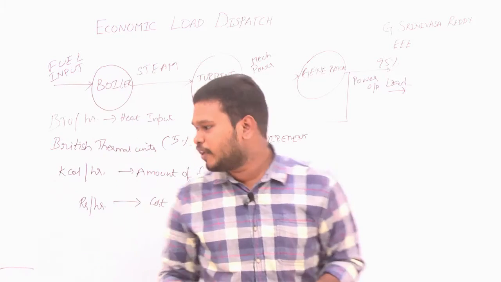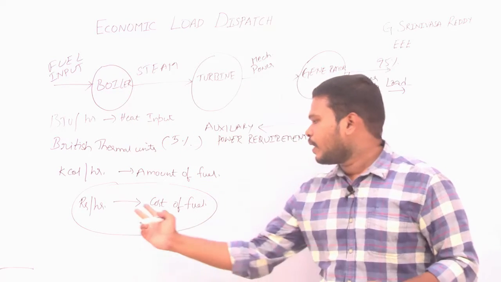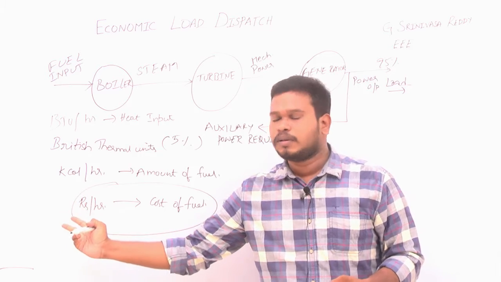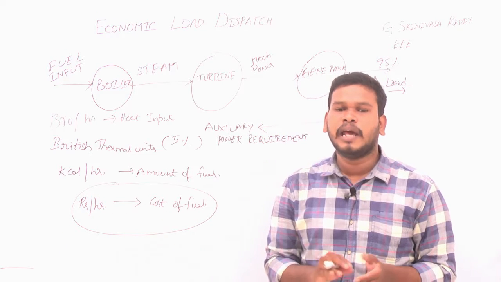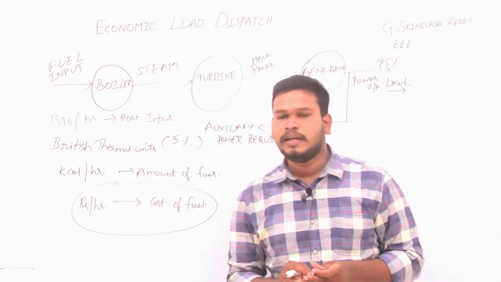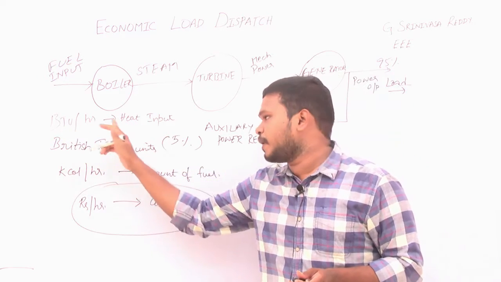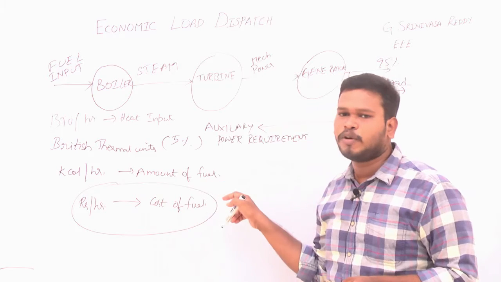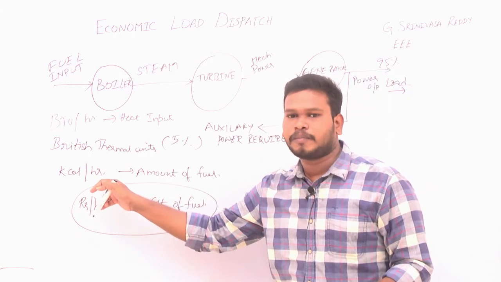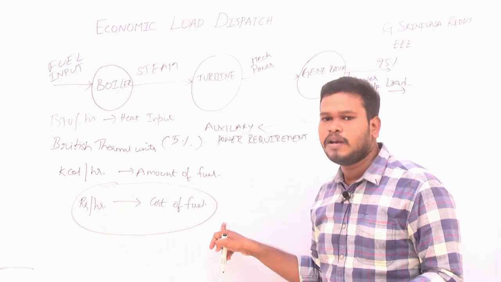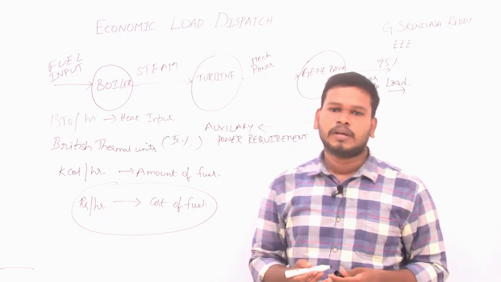So mainly we will be dealing with this rupees per hour. Per hour, how much amount of cost is being incurred in a particular unit in a thermal power station, right? So if you are talking in terms of heat input, it is British thermal units per hour. If you are talking in terms of amount of fuel, how much tons of fuel is used, kilocalories per hour. If you are talking in terms of cost of fuel, that is simply rupees per hour, right?